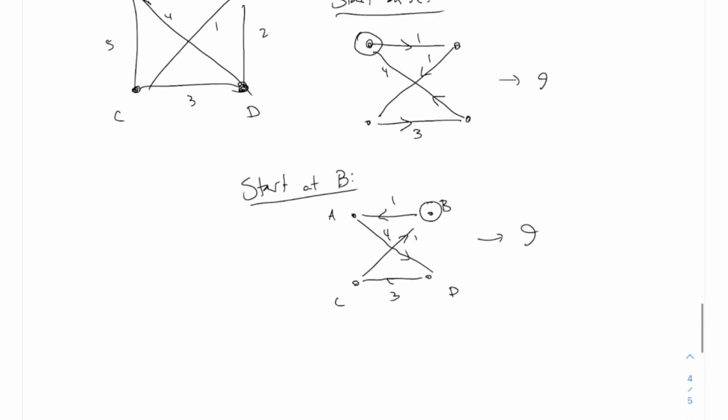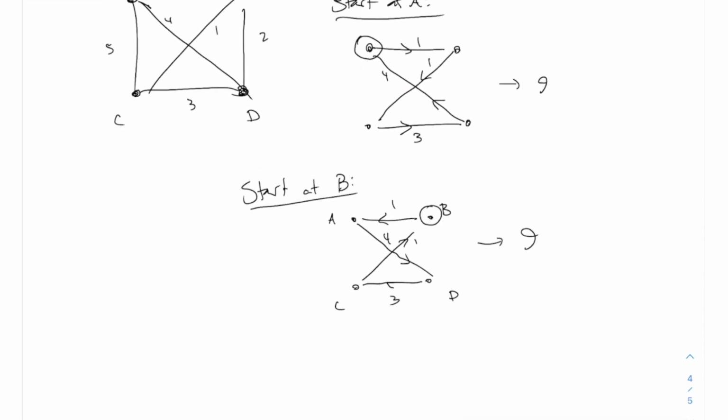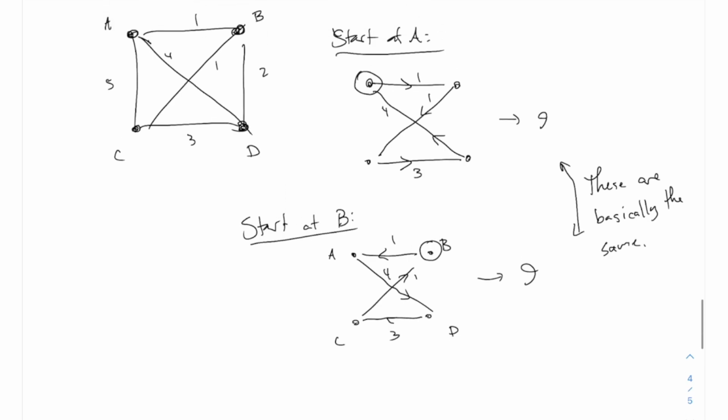These are basically the same answer. They represent the same Hamilton circuit, only starting at a different point, and going in different directions, but really it's the same either way, starting at A or starting at B.